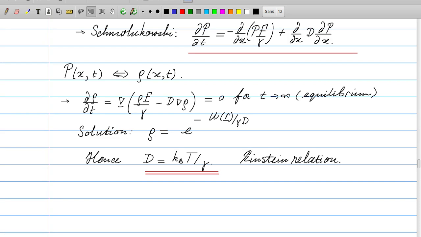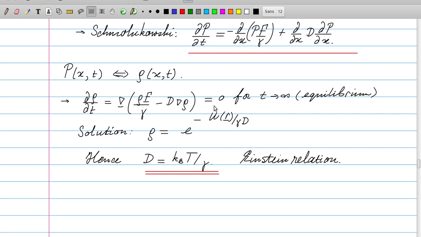As usual, the probability to find a particle somewhere is proportional to the density, so we can also read rho instead of p, and then the Smoluchowski equation in more dimensions can be rewritten in this form. And if the time is again taken very large, then we should have that the distribution no longer changes in time, so that's the equilibrium situation.